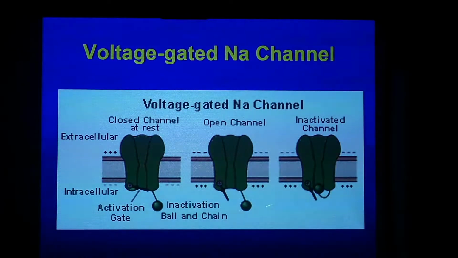You inactivate it, the gate in many cases will remain open, but nothing flows. But before we can reopen it again, before we can return it to this state, two things have to happen. We have to pull the ball and chain out, and we have to close the gate. Those S4s have to come back down across the membrane. So that's why biophysicists want to separate it.